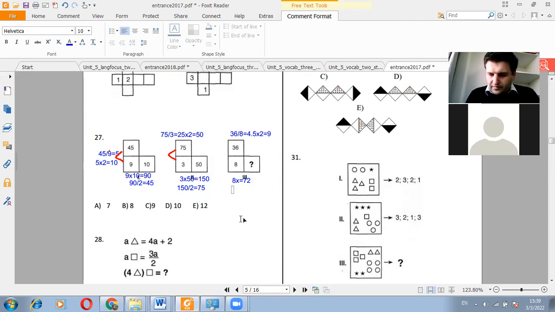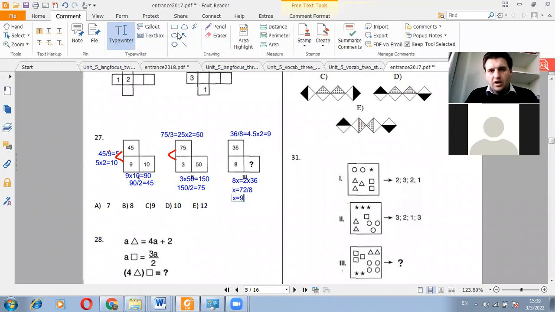So x equals 72 divided by 8, and that's how you get 9 again. So double checked, 2 ways of solving, however you feel comfortable. At the end, you get the same result. It's 9.